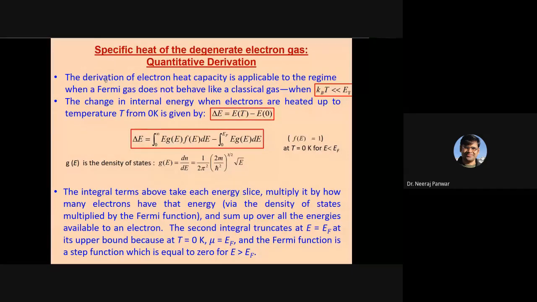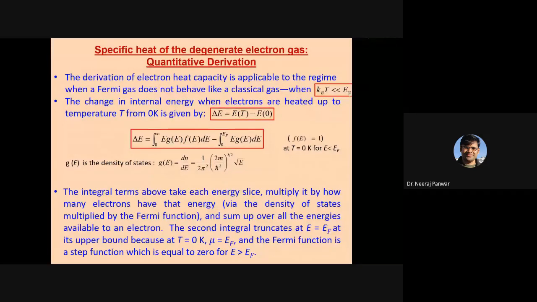The derivation of the electron specific heat, or electron heat capacity, is applicable to the regime when a Fermi gas does not behave like a classical gas. That is, when the temperature is much smaller than the Fermi temperature, or the kBT energy is much smaller than the Fermi energy.